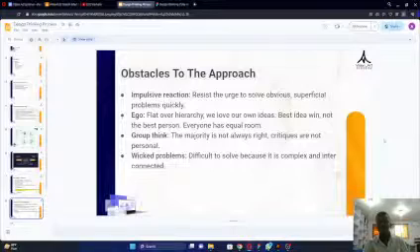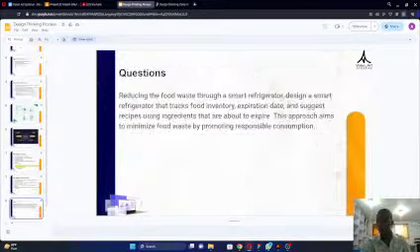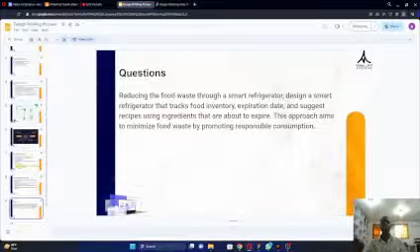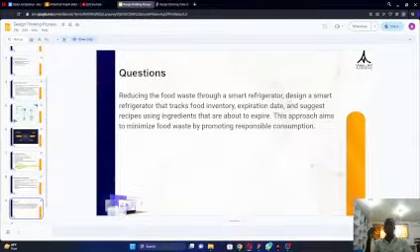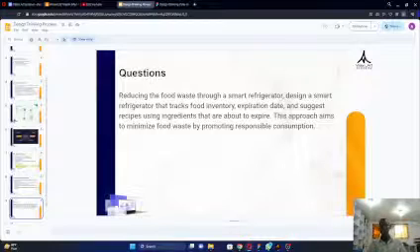So I have questions here. The issue is reducing food waste through a smart refrigerator. Design a smart refrigerator that tracks food inventory, expiration dates, and suggests recipes using ingredients that are about to expire.